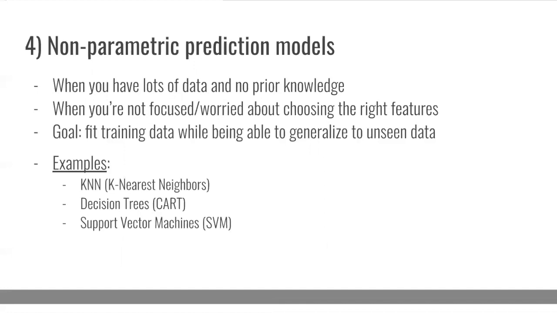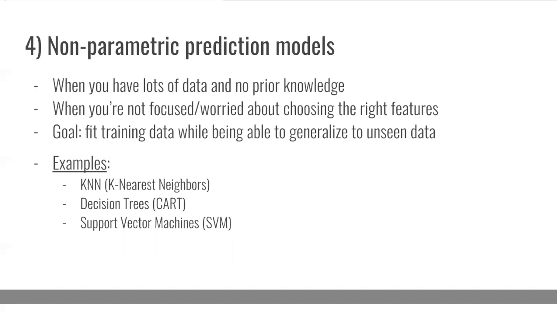When you have a whole bunch of data but don't really know the underlying distribution, you might want to consider non-parametric approaches to prediction. And the same thing goes for when you're not worried about choosing the right features. If you don't require certain features to be included, or you don't need to know exactly how to interpret them mathematically or statistically, a non-parametric approach is a reasonable way to go.